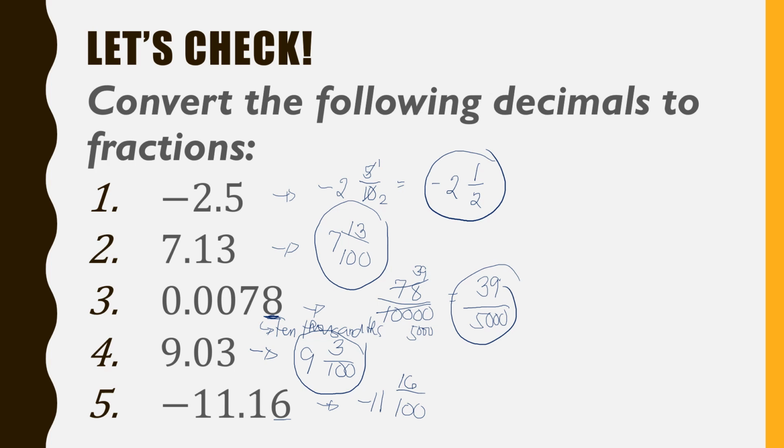And then we can still divide this by 4. So 16 divided by 4 is 4, and 100 divided by 4 is 25. So the final answer is negative 11 and 4/25.